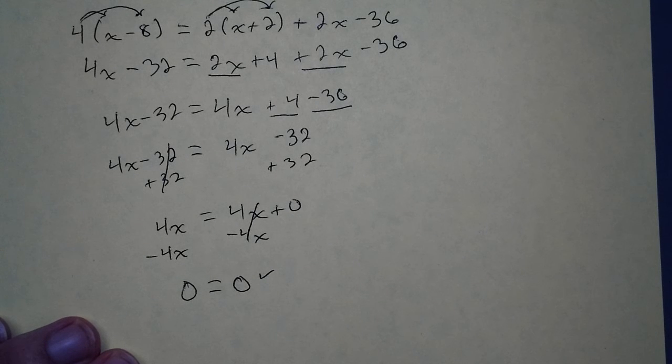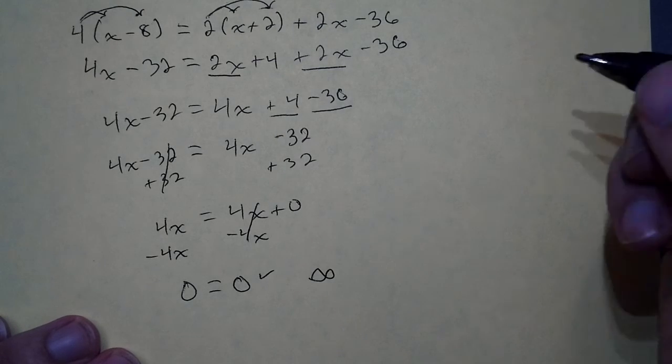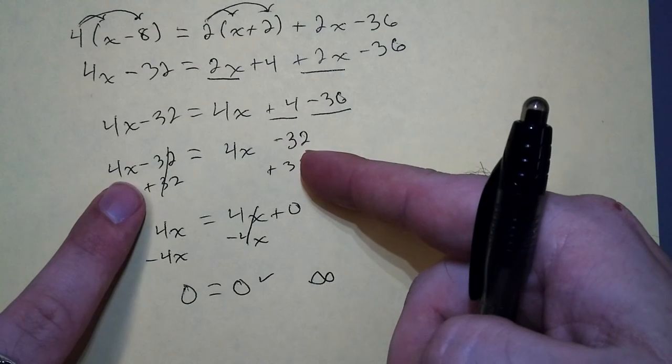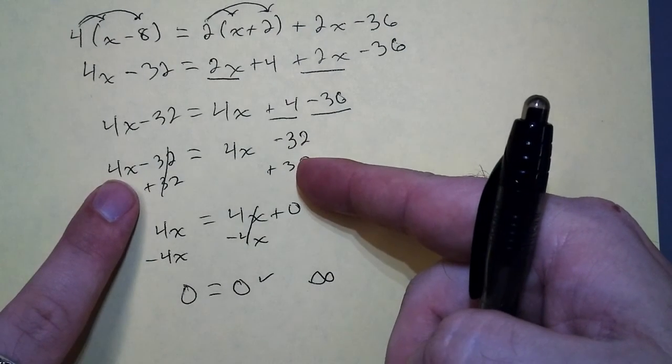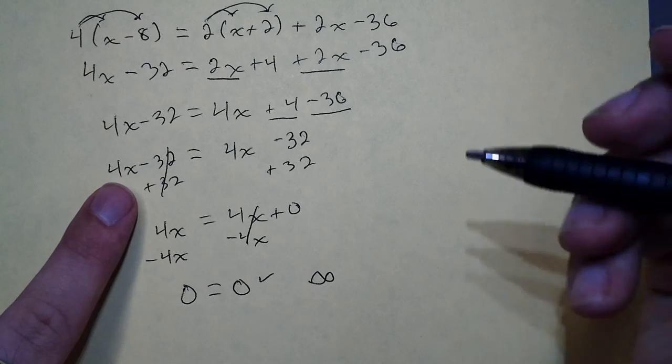Now this one is going to have what we call infinite solutions. Here's what I mean. Let's go back to this step where both of them were exactly the same. 4x minus 32 and 4x minus 32. If you plug in any number, you're going to get the same thing on both sides.